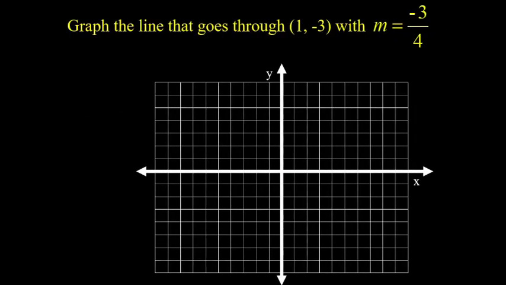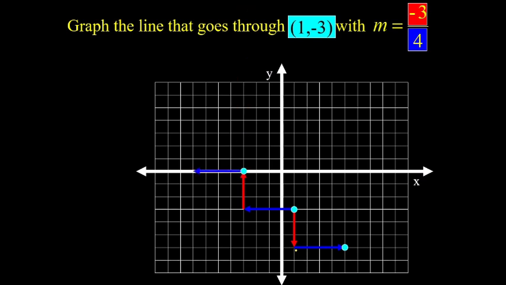Graph the line through 1 and negative 3 with the slope of negative 3/4. So, here, here, here. So, ito yun. Pababa. Then, pataas. Baba. Taas. Baba. Di ba medyo komplikado?